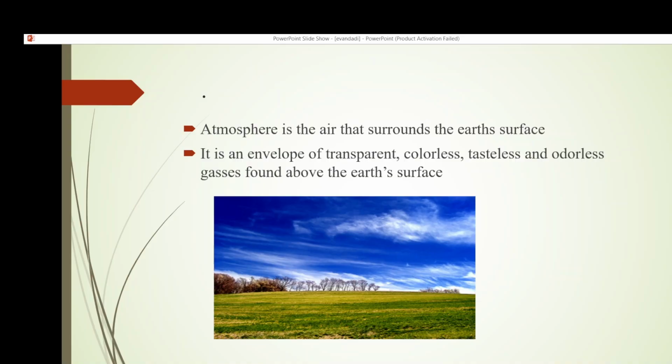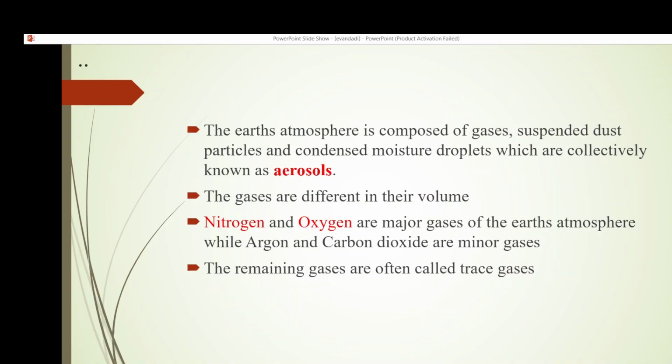It has its own characteristics. It is a transparent, colorless, tasteless, and odorless gas found above the Earth's surface. Yes, it is an envelope of transparent, colorless, tasteless, and odorless gases found above the Earth's surface. Very nice.